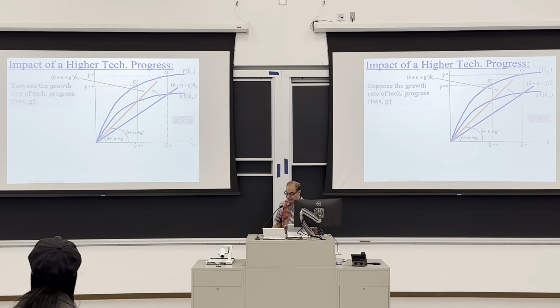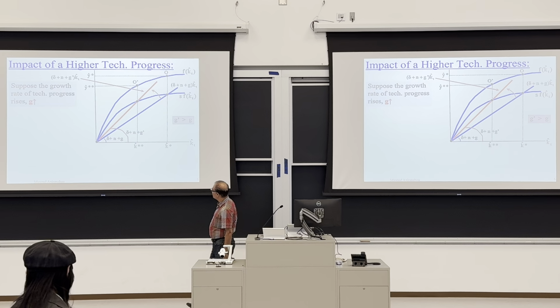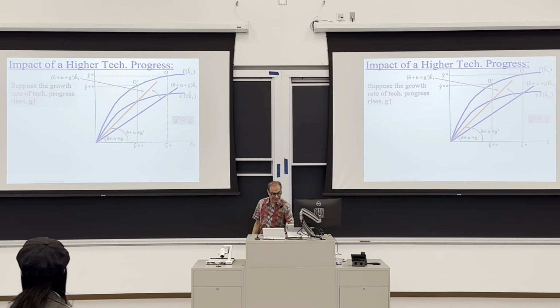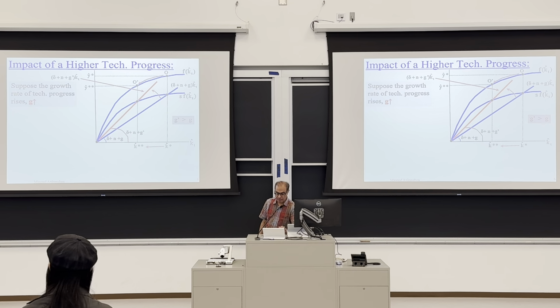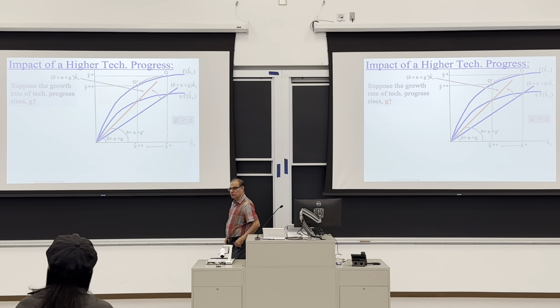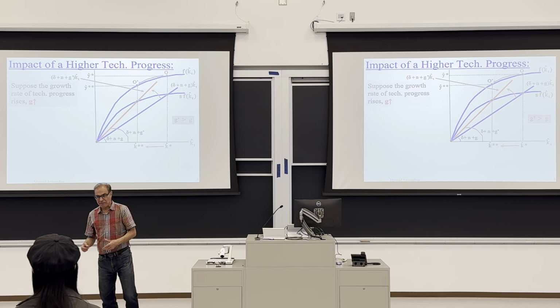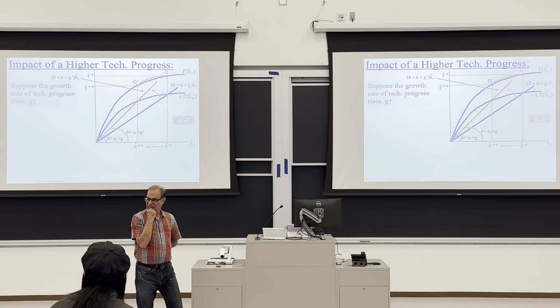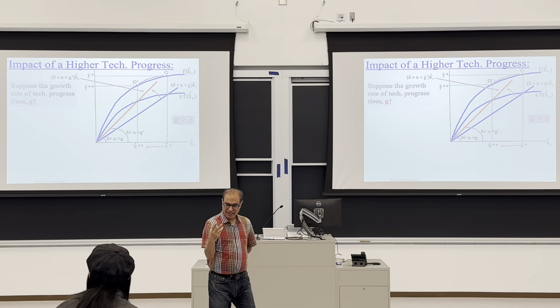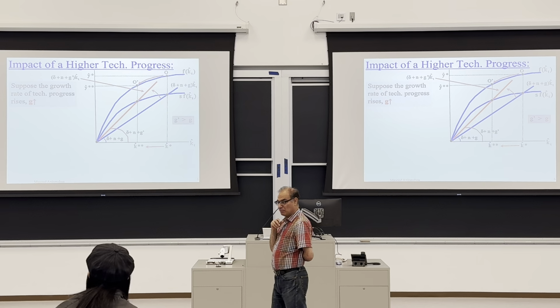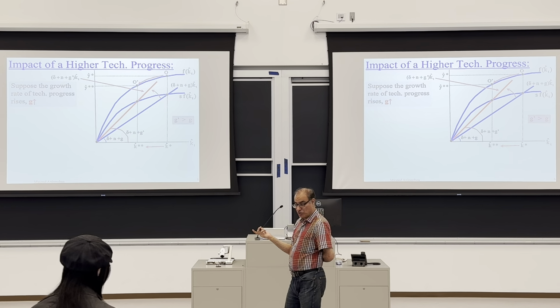What happens is, you see here, this is counterintuitive. Because remember, we just said that if G goes up, welfare goes up faster. You know that?